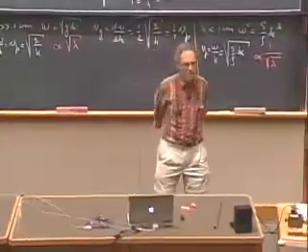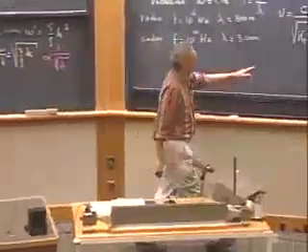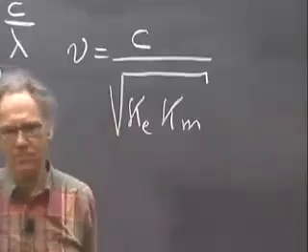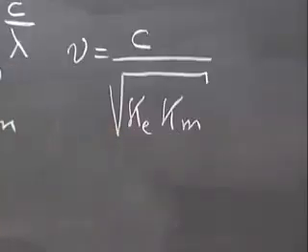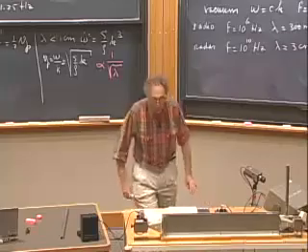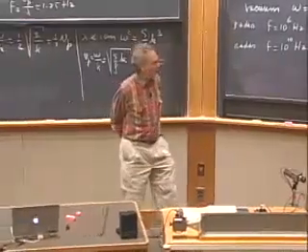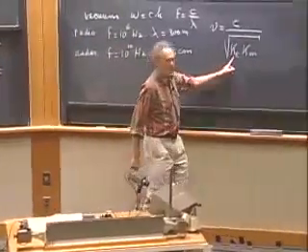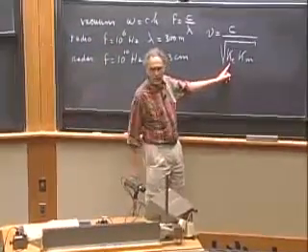And in vacuum, this is 1 and this is 1. But that's not the case for water, and that's not the case for glass. And in fact, kappa e is strongly frequency dependent.